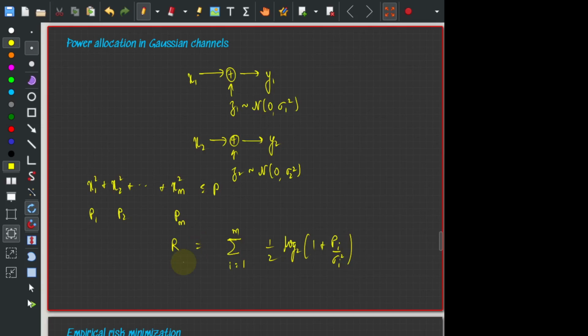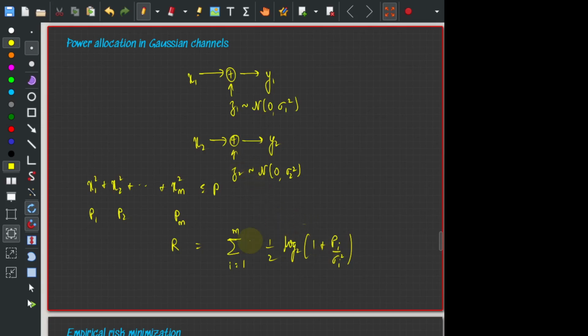My goal is to maximize this. This is the objective function, and you may think the best solution is to pump all the power into the best subchannel, that is the channel for which sigma i square is the minimum, but the solution is a lot more complicated than that.